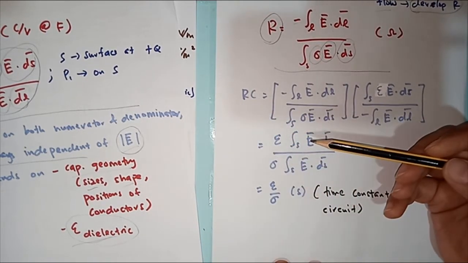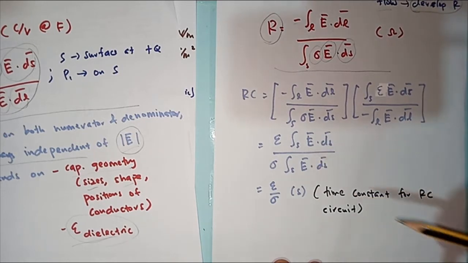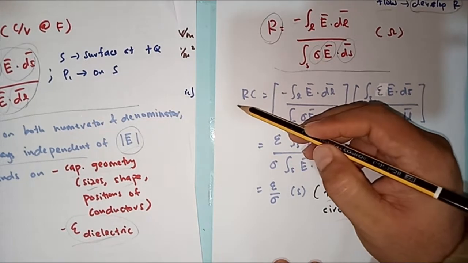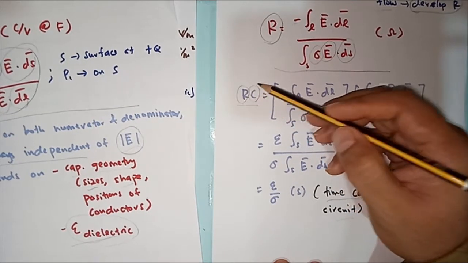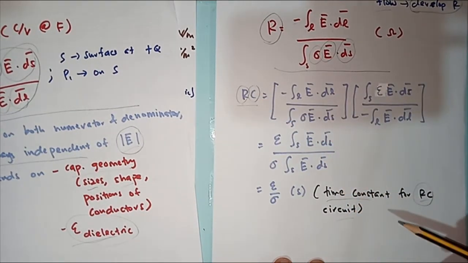Then, in the concept of capacitance, we have what we call the time constant for the RC circuit, which can be calculated using this equation: the resistance multiplied by the capacitance of the capacitor itself.